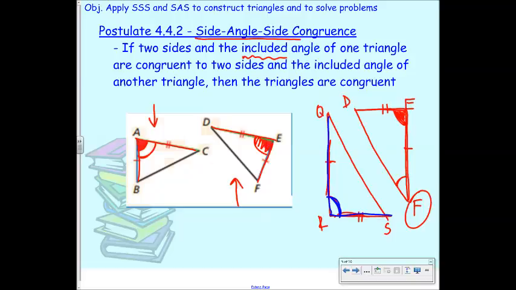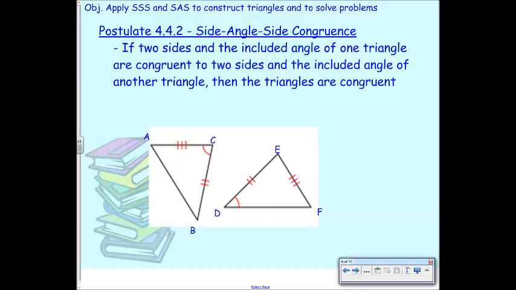So take a look at these right here. Would this be enough to prove that ABC and DEF were congruent? I have 2 sides. I have ED is congruent to CB, which we can see because of our 2 dashes. And I've got EF is congruent to AC, which I know because of my 3 dashes. And I've got this angle C is congruent to this angle D. Is that enough to use SAS?